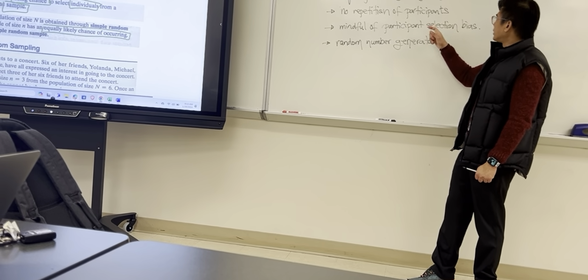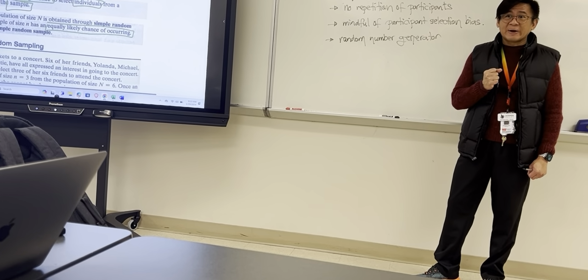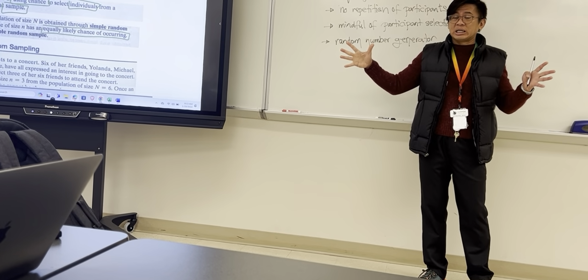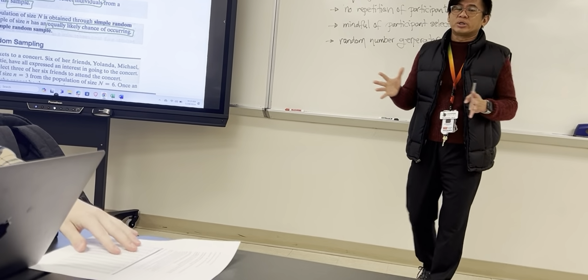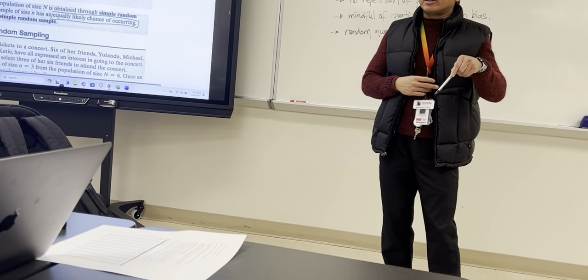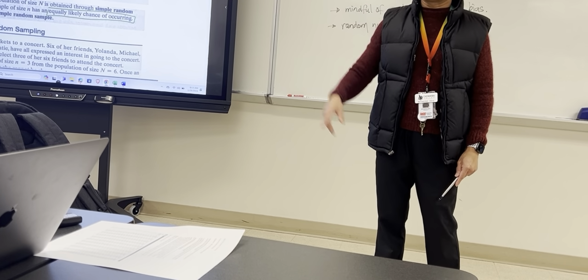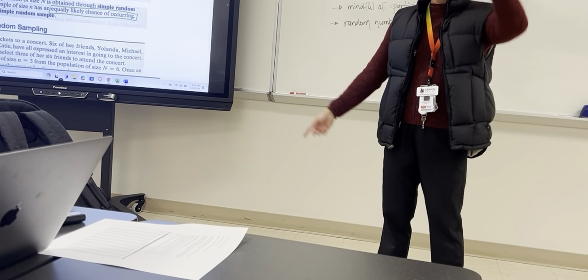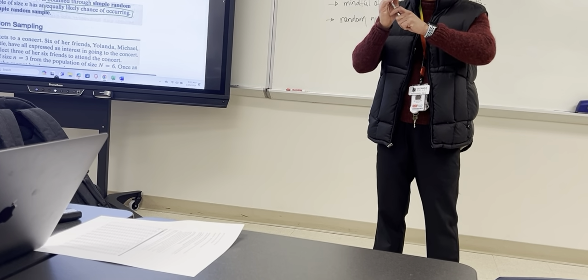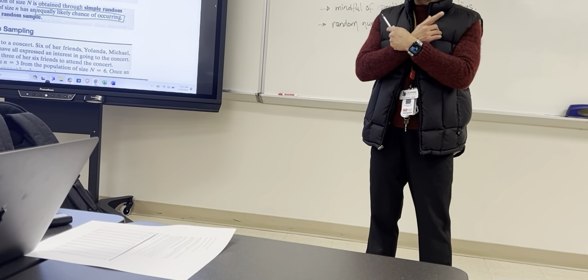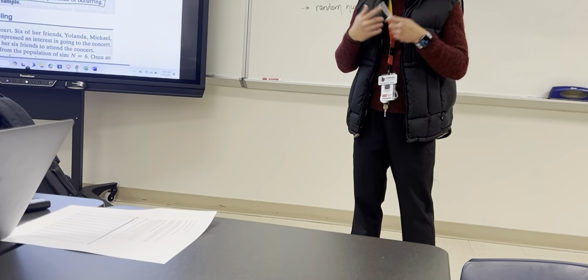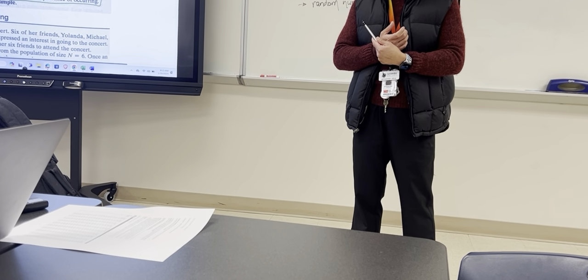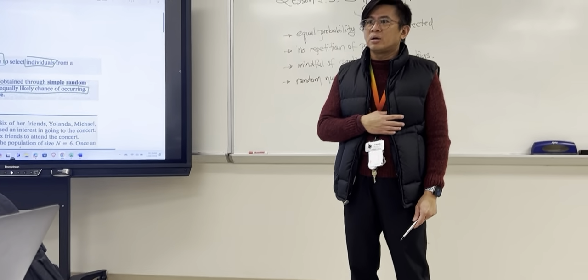What else? Be mindful of participant selection bias, right? For example, in a school like ours, or in a campus like ours, there are students here in CAD, there are students there in the West Wing, there are students in PAP, there are students in Charlton Complex. So if you want to represent all the members of, say, the entire student population of CVCC, then what do we do?